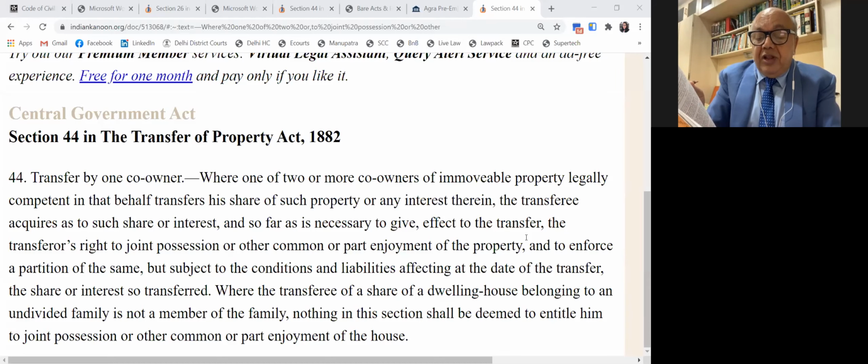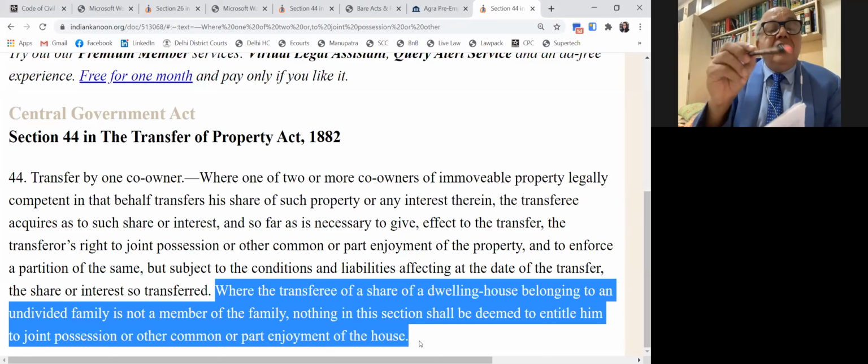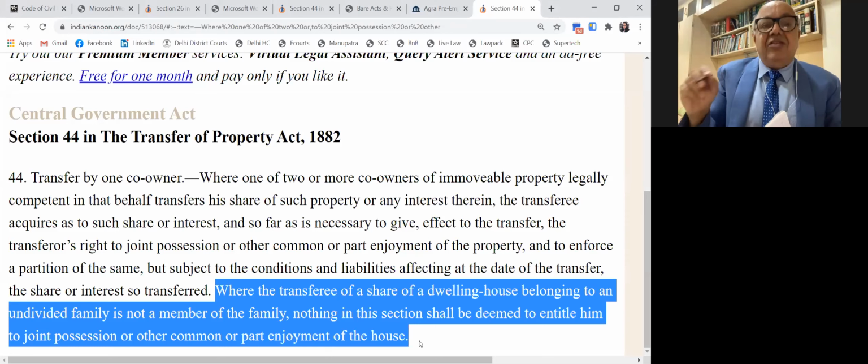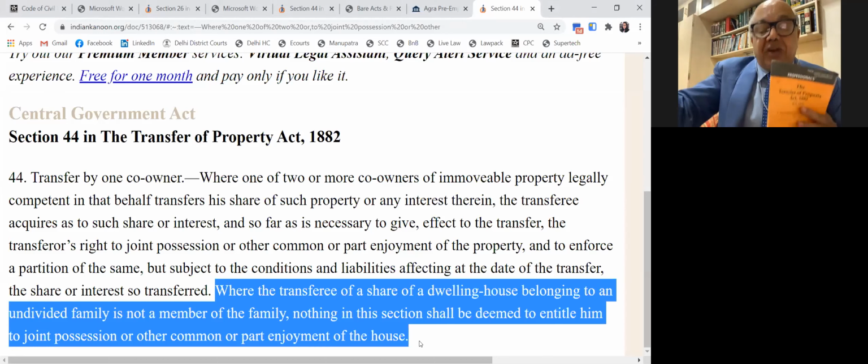The proviso says that where the transfer of a share of a dwelling house belonging to an undivided family is to a person who is not a member of the family, nothing in this section shall be deemed to entitle him to joint possession or other common or part enjoyment thereof. Now here, this particular proviso indirectly says that a joint owner cannot transfer his share to outsiders.